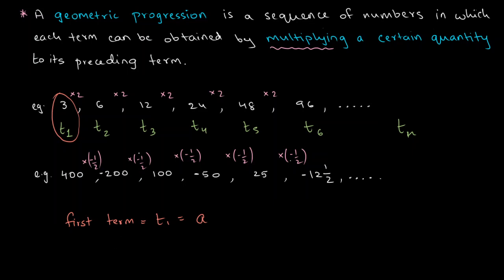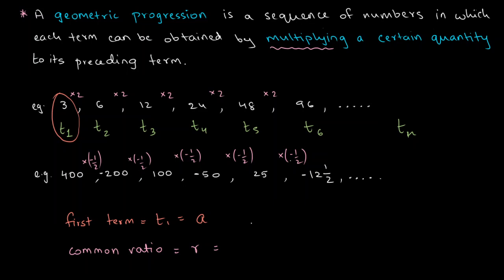Another very important parameter in the case of a geometric progression is, if you notice, 3 into 2 gives me 6, 6 into 2 gives me 12, 12 into 2 gives me 24, and so on. So that is that certain quantity that we are multiplying into each term, right? And that certain quantity is called the common ratio, and it is denoted by the letter r.